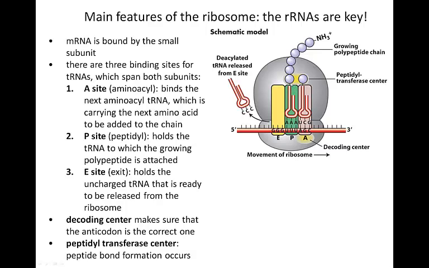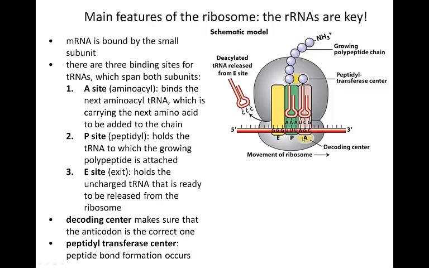And then the E site is called the exit site, and this is where the tRNA will go once it transfers that protein onto the next transfer RNA. So this is the one that actually leaves the ribosome, the exit site.